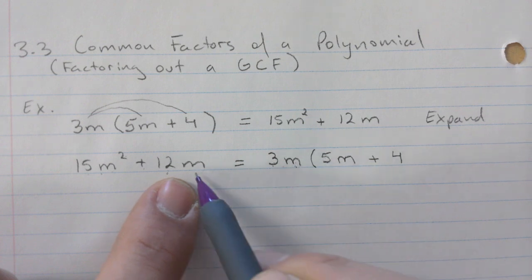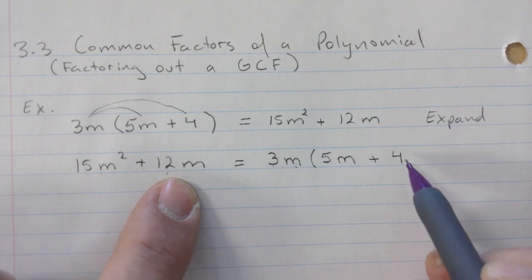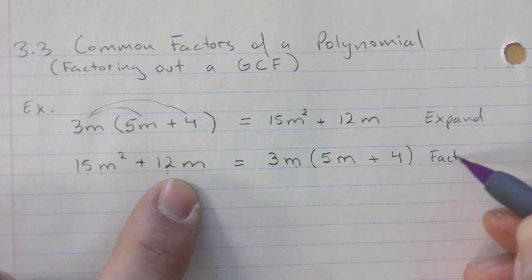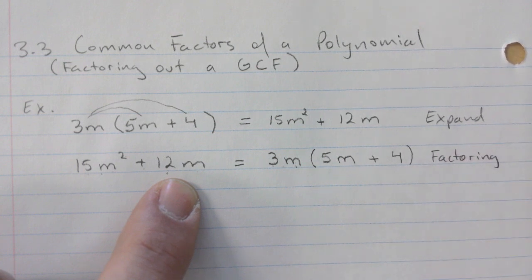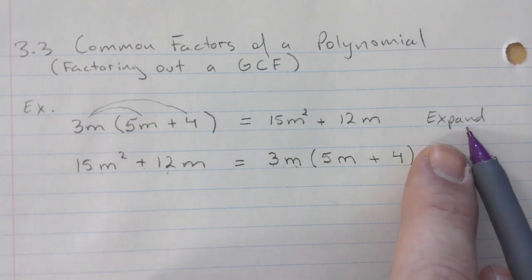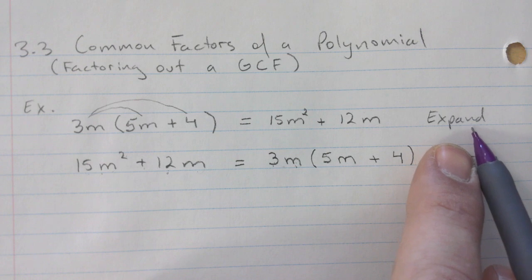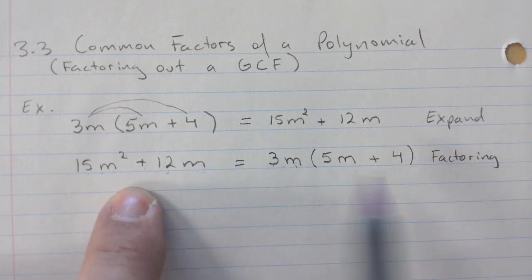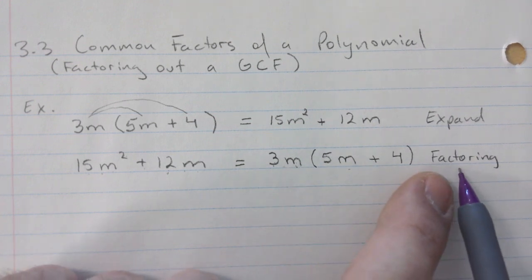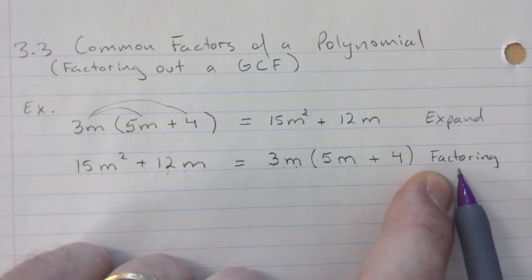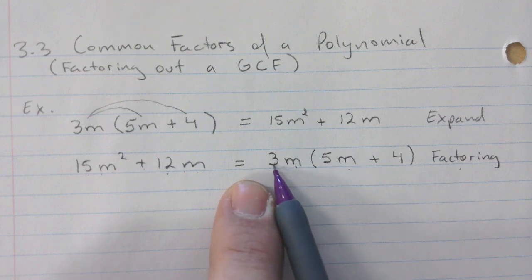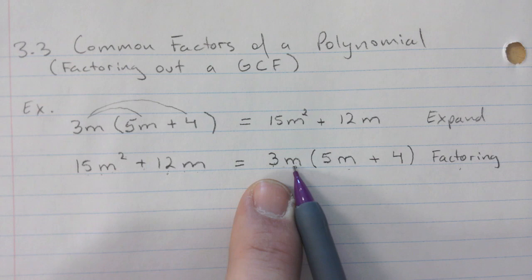The m goes into m 1 time. We don't write it down. That's factoring. If you multiply out, we call that expanding in general, and you might have to simplify. If you're going from the expanded form to this form, that is in a nutshell what factoring is. You're finding a common factor for the numbers, the coefficients, and for the variables.